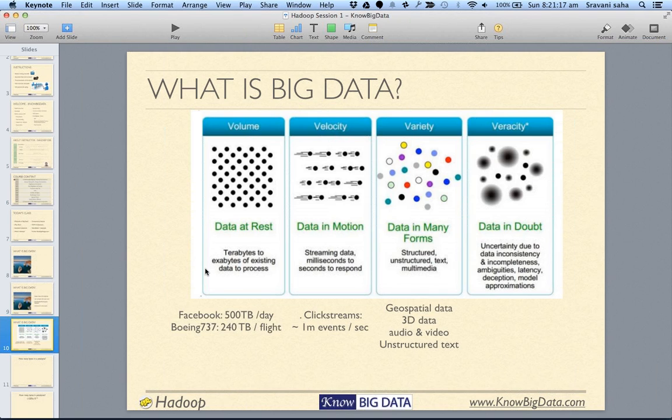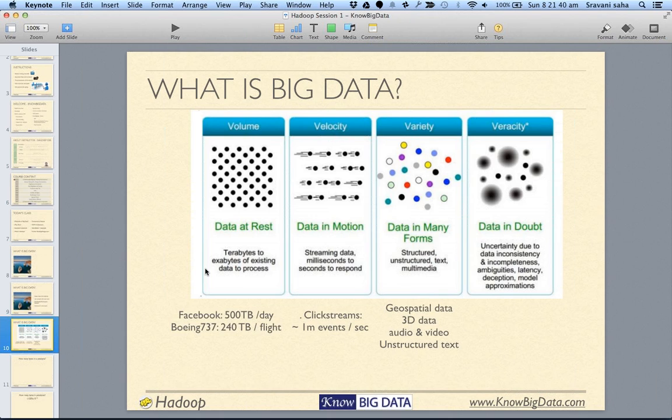Even though the volume of this data might be say 100 gigabytes, to process such kind of data will take humongous time if you try to do it on a single machine. You might have to have a distributed architecture in order to process it.